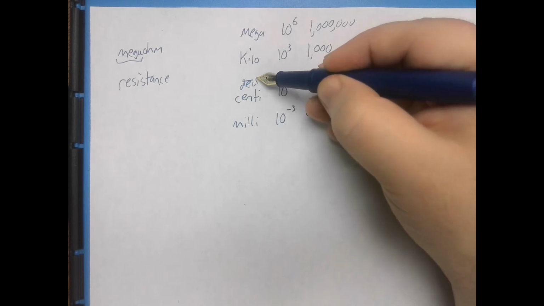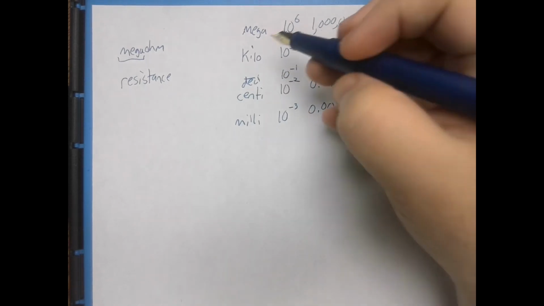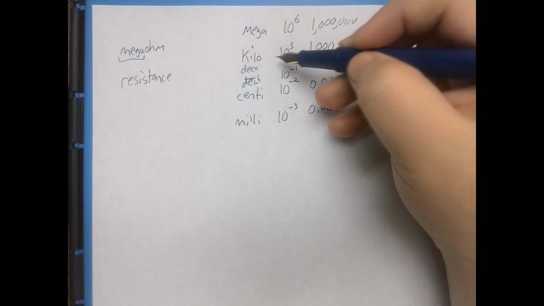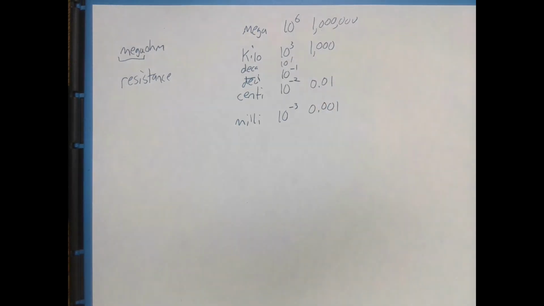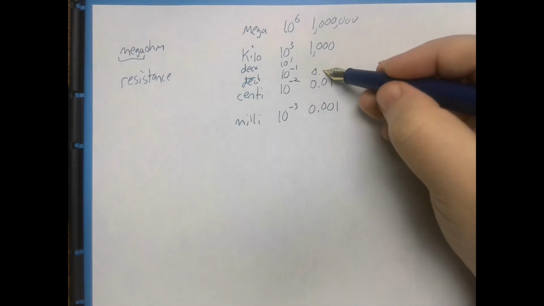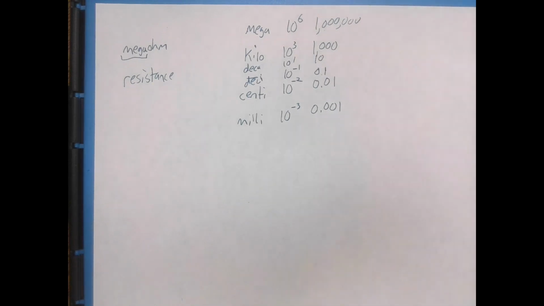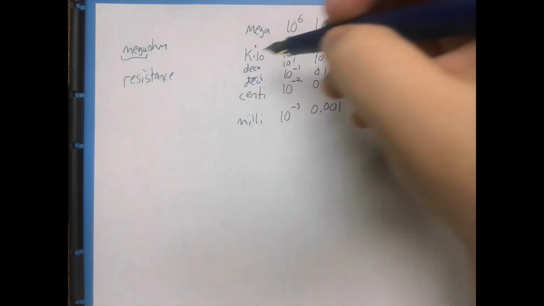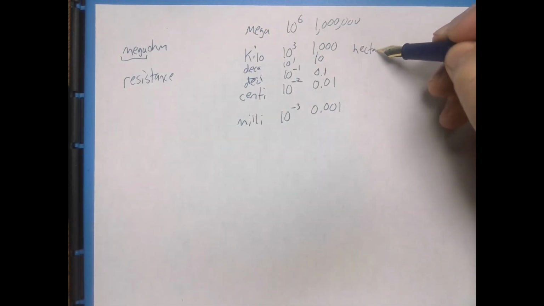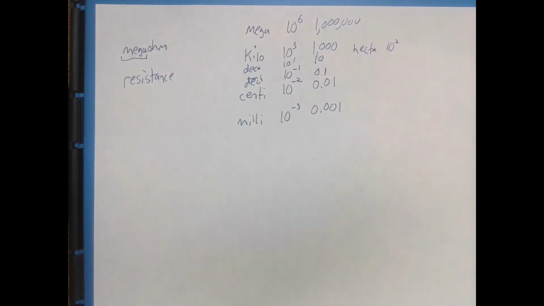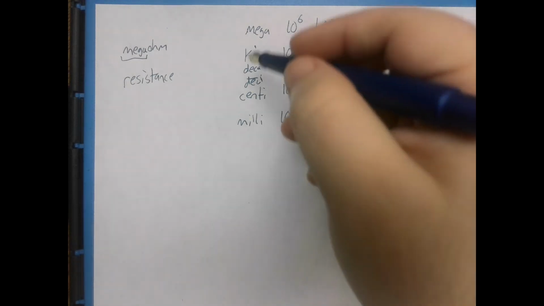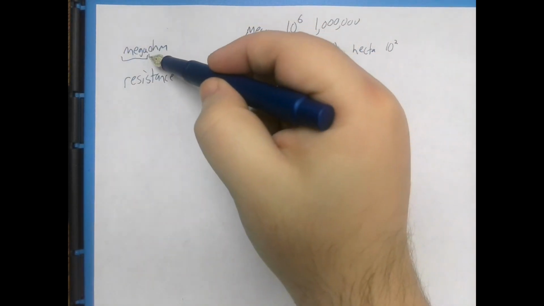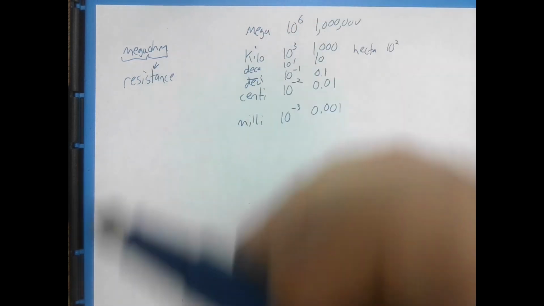Deci is 10 to the negative 1. Deca is 10 to the 1. But deca and deci are very hard to spell. We also have hecta. Hecta would squeeze in right here at 10 to the 2nd. But all these can be ignored. The base unit is just ohms, and ohms is the measure of resistance.